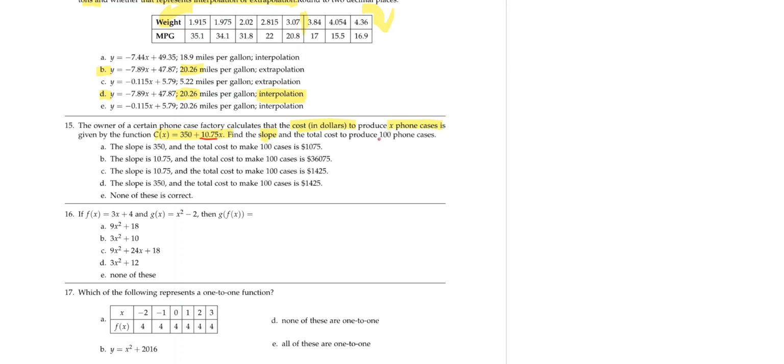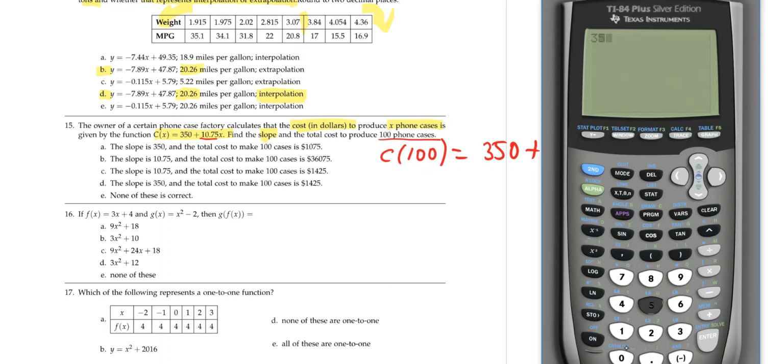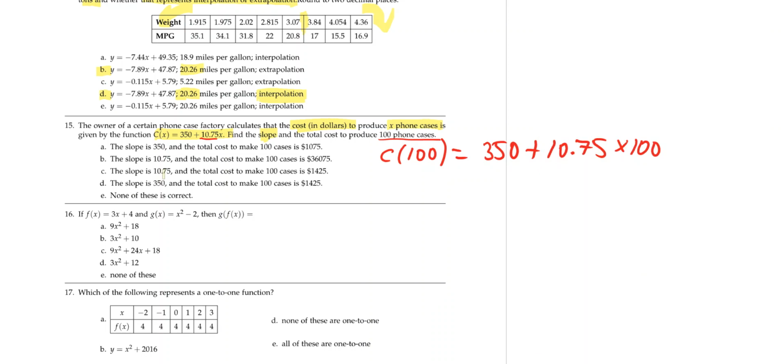And the total cost to produce 100 phone cases: you're actually calculating the cost for 100, so 350 plus 10.75 times 100, which gives you 1425. So the slope is 10.75. C.